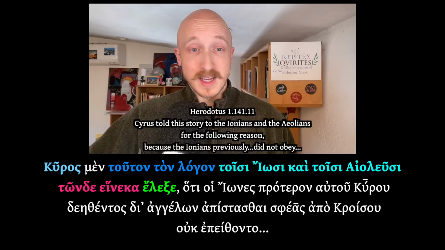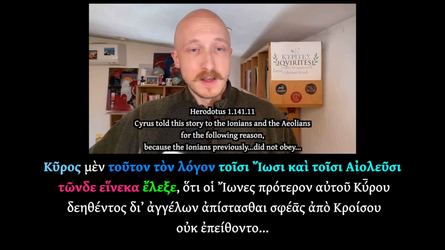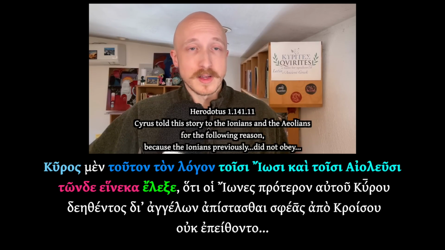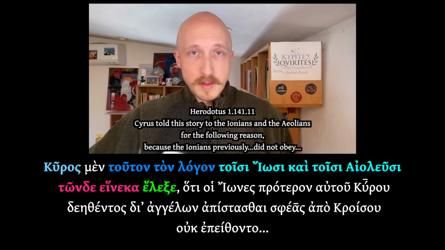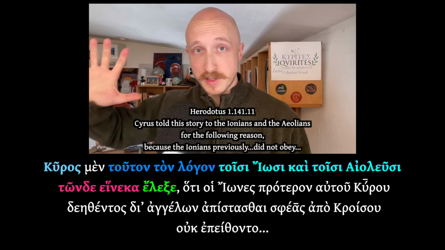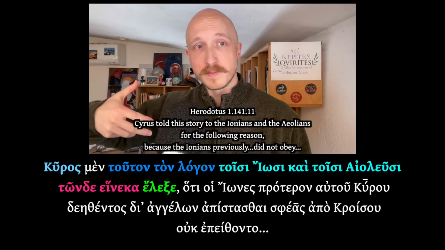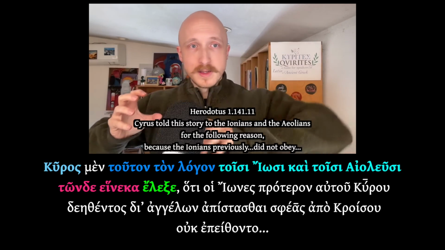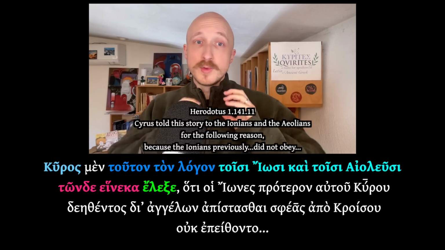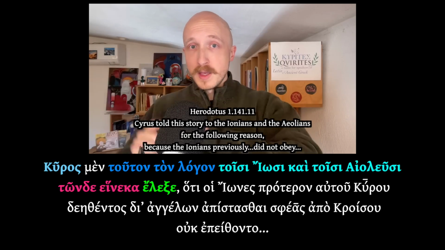In some ways it even kind of looks like a Latin word order, but let that not distract us. That's not necessarily the reason the words are in this order in this clause. In fact, we can apply the same principle as before. That which is closer to the front, especially if it's before a verb, is somehow more important, more emphasized. So gyros, okay, getting back to what Cyrus is talking about. Tu ton logon, that's the story that was just preceding.